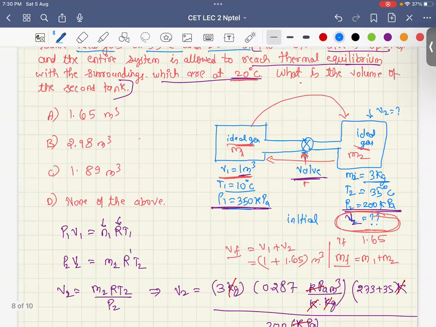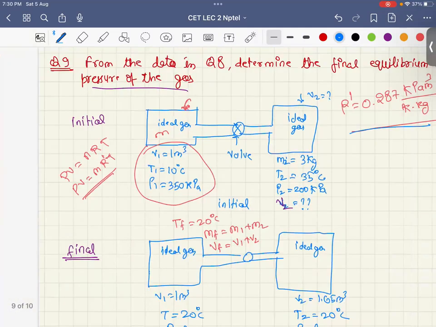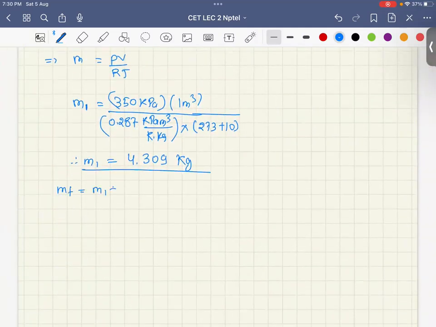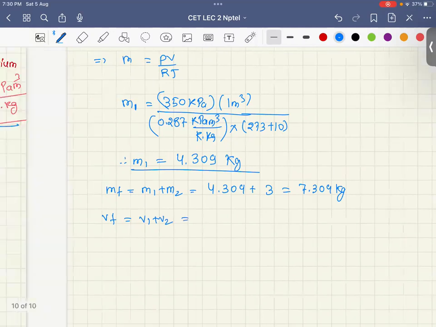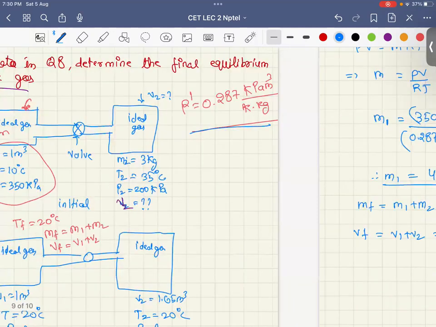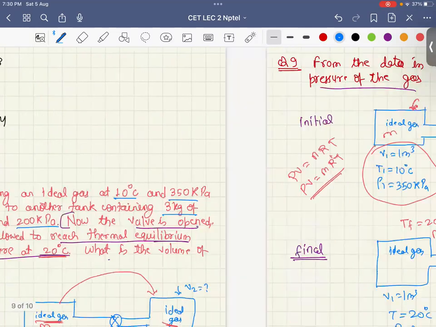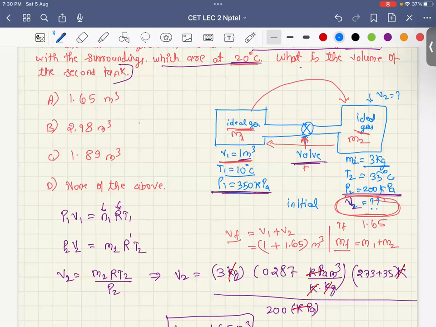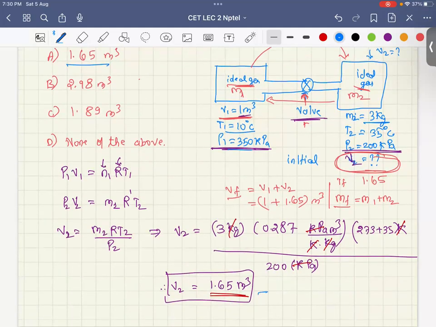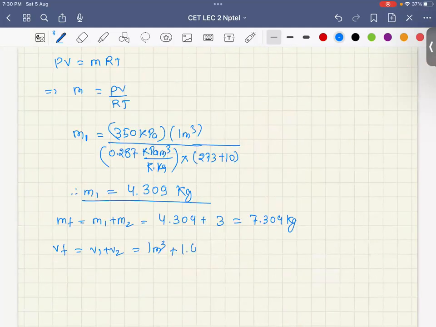And m2 we are already given. m2 has been given as 3 kg, right? So mf is nothing but m1 plus m2, which is 4.309 plus 3, which is 7.309 kg. VF is what? V1 plus V2. V1 we are given as 1 meter cube, plus V2, which we just calculated in the first question, 1.65 meter cube, which is 2.65 meter cube, right?